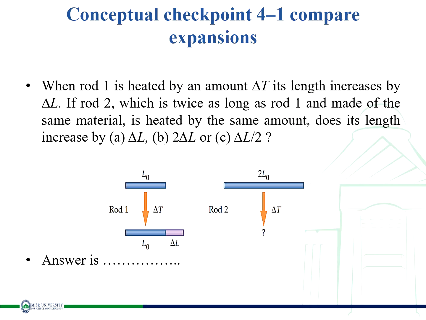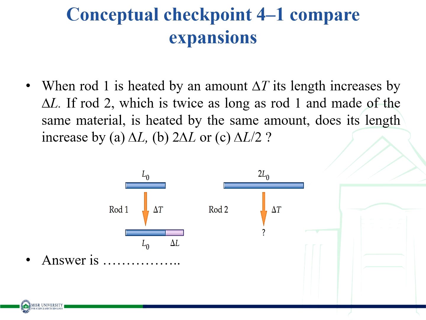Alright, let's look at this conceptual checkpoint comparing thermal expansions. We have two rods. For rod 1, with an initial length L0, when it's heated by an amount delta T, its length increases by delta L, as shown in the diagram. Now, consider rod 2.